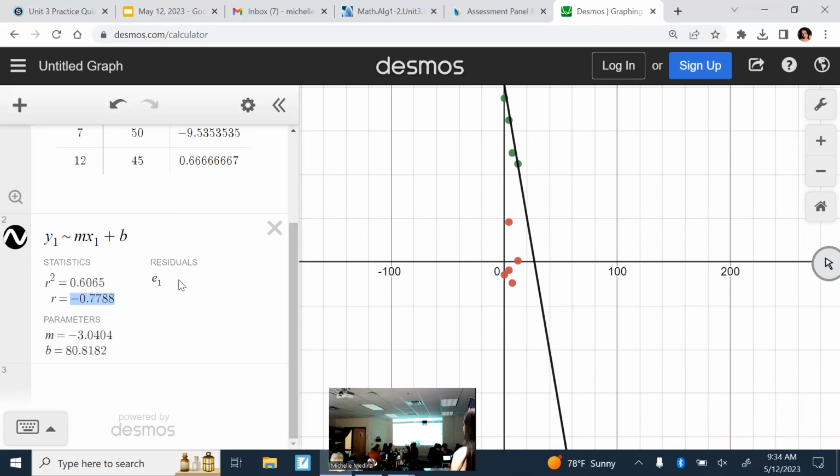I will go back and, are you listening? I will go back and give you points if it's close. Like if that's my R value, I'll give it to you if it's like negative 0.8 or negative 0.6 or something around that. Really, I just want you to be able to estimate the R value based on how your data looks. But how you know what your data looks like is you would have to plot it, and you don't have graph paper handy probably. So you should probably just use Desmos to plot it.